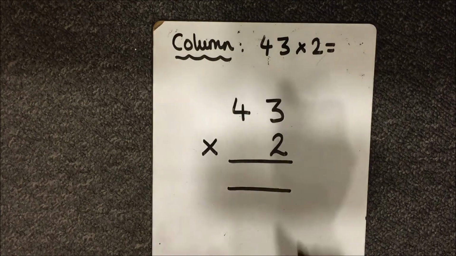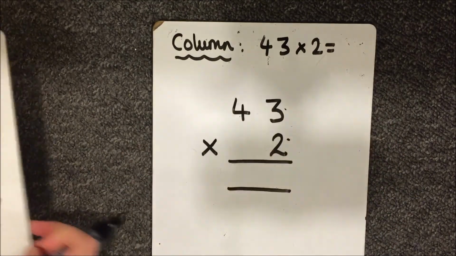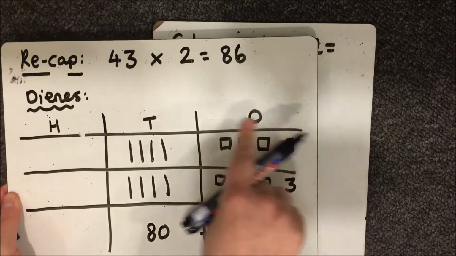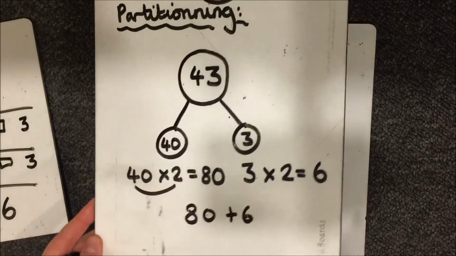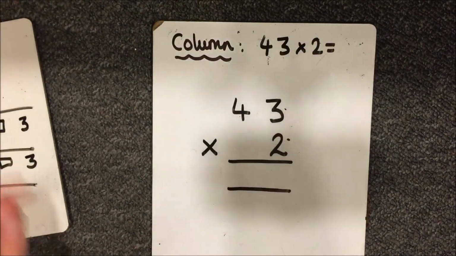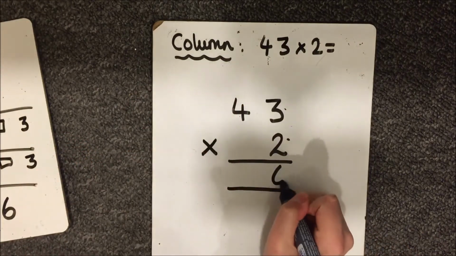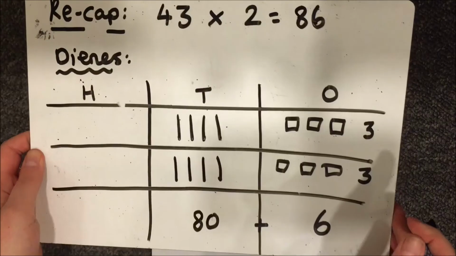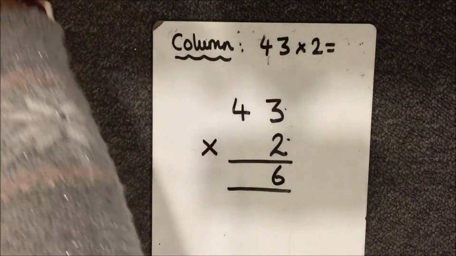As we're timesing, we do 3 times 2, just like we did here. We did 3, and we've got 2 groups. Just like here, we did 3 times 2. It just looks different. So 3 times 2, 3 fingers up counting 2s: 2, 4, 6. Just like we did here, we're doing 4 tens, so 40 times 2.